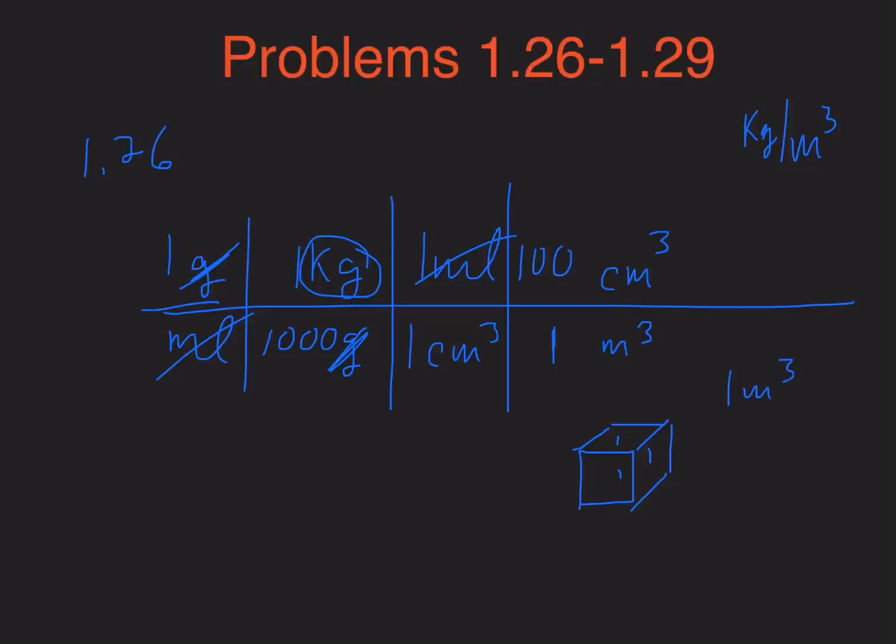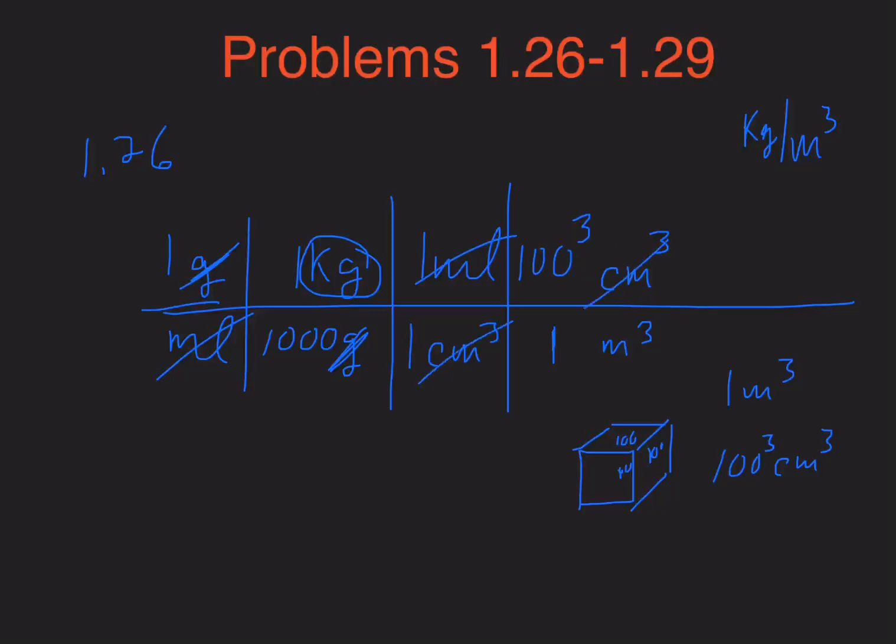If I want to know how many cubic centimeters that is, I'd have to convert all three sides to centimeters, so it'd be 100 by 100 by 100, or 100 cubed centimeters cubed. That's why you need to cube that number whenever you have these cubic lengths or volumes. You have to always cube that number. It's going to be important to remember that.